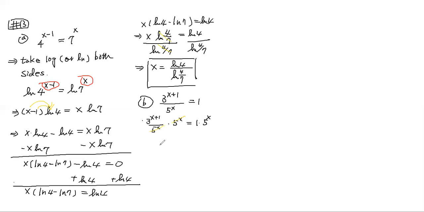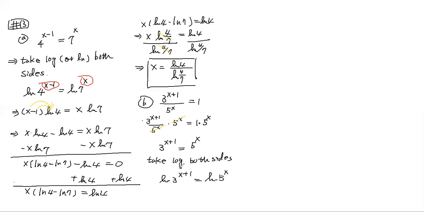What do you have here? You have 3^(x+1) is equal to 1 times, so this is 5^x, right? Okay, now it's back to part A. Now I can take the log of both sides. So you will have the natural log of 3^(x+1) is equal to natural log of 5^x.